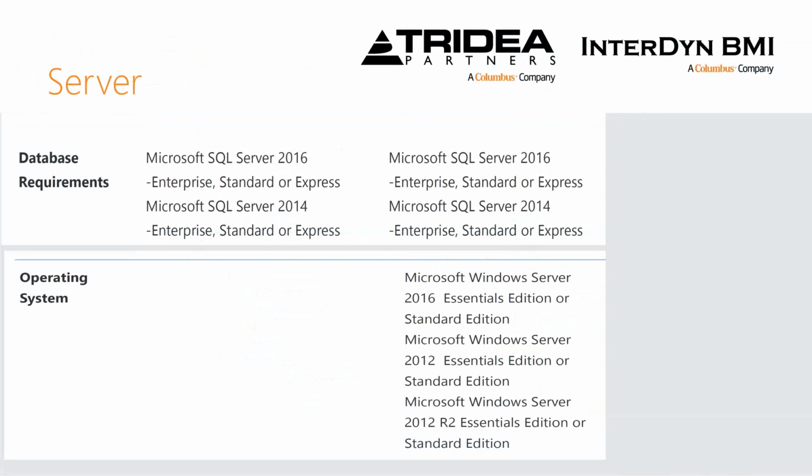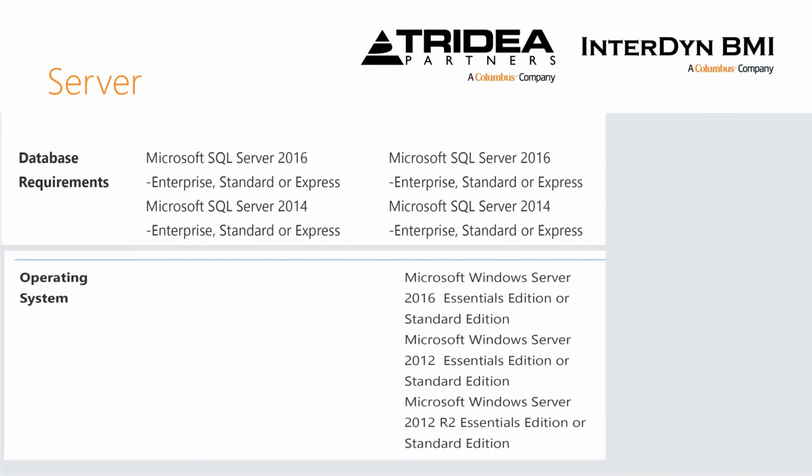SQL Server, though, if you're going to run Dynamics GP 2018, you would want to be on either SQL Server 2014 or SQL Server 2016. The Enterprise version, of course, is supported. The Standard version is supported. Dynamics GP also runs on the Express version of 2014 or 2016, and SQL Express is free.